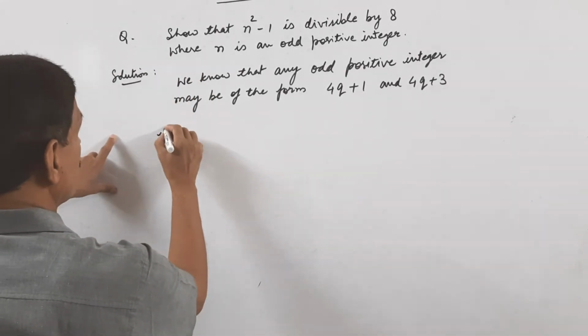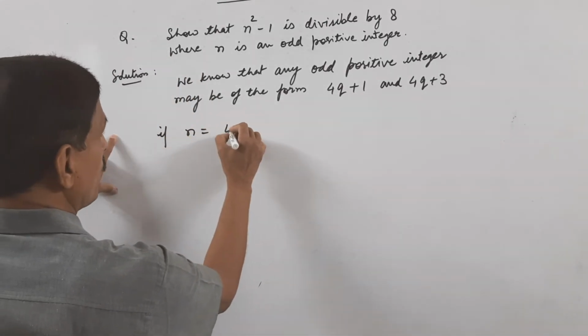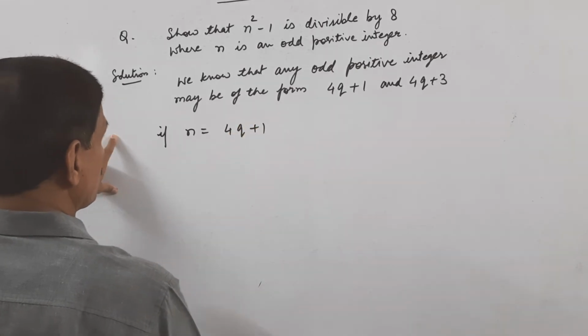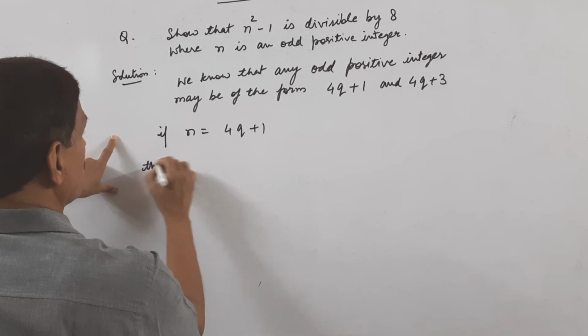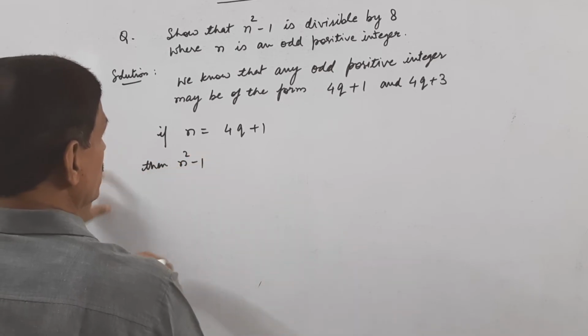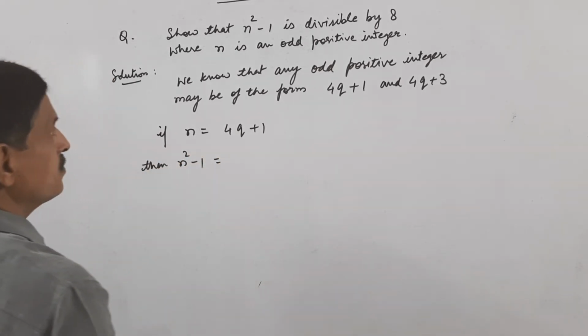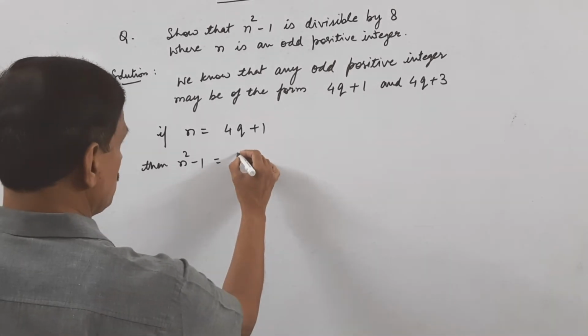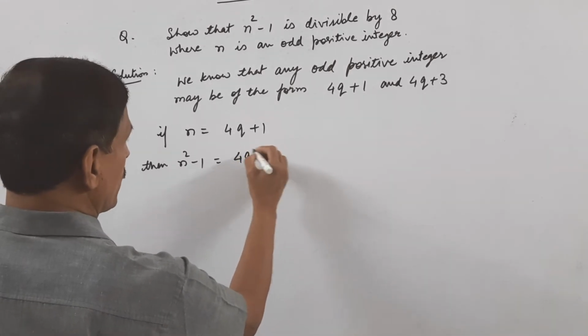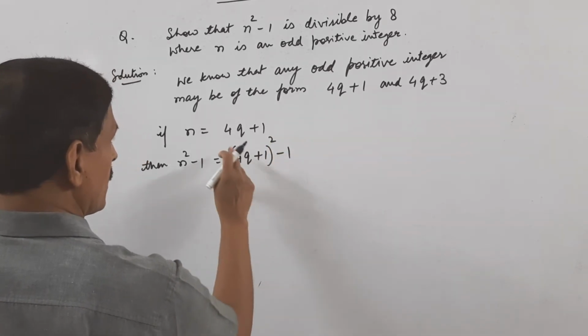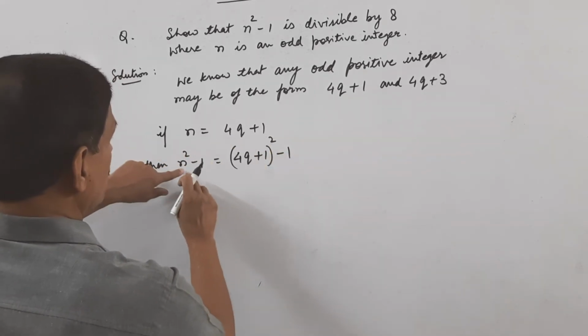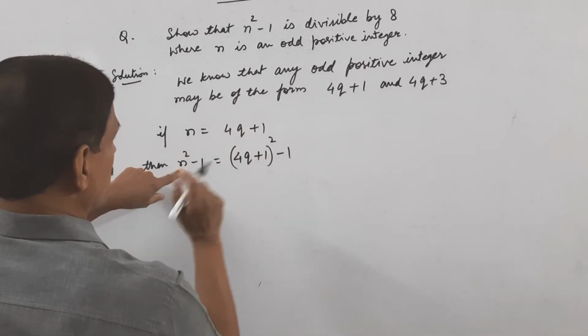Now if n is equal to 4q plus 1, then n square minus 1 is equal to 4q plus 1 whole square minus 1, replacing this n by 4q plus 1.